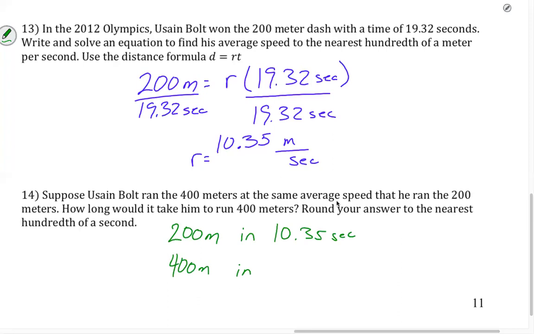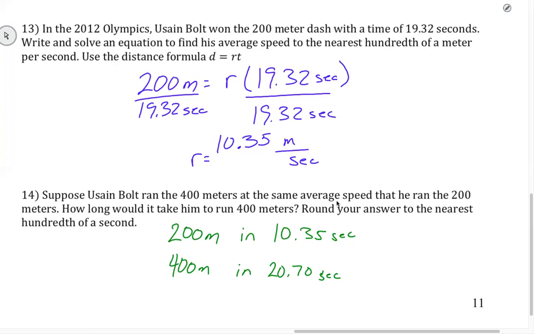Ryan, how can I figure out how fast Usain Bolt would run 400 meters? Just times the 200 meters times 2. Perfect. That's exactly the answer I want to hear. So that would be 20.76 seconds.